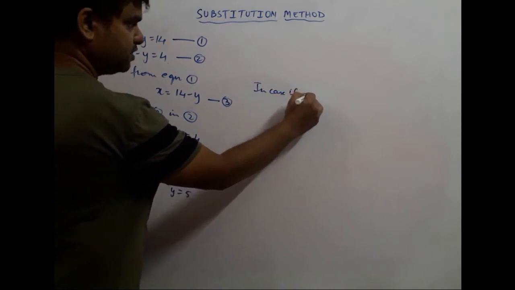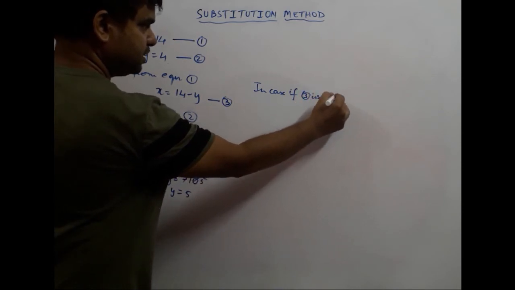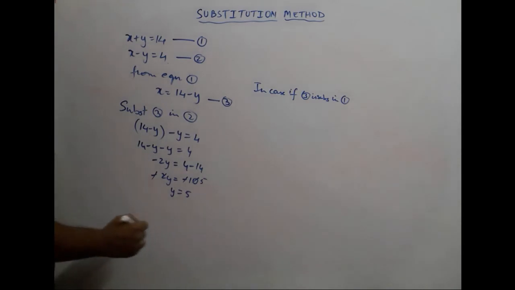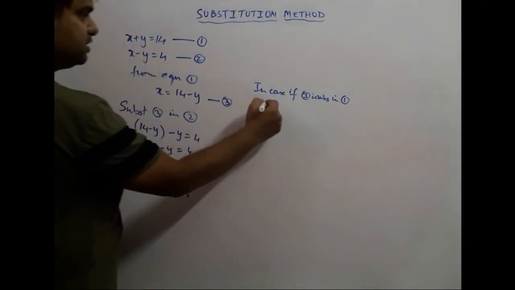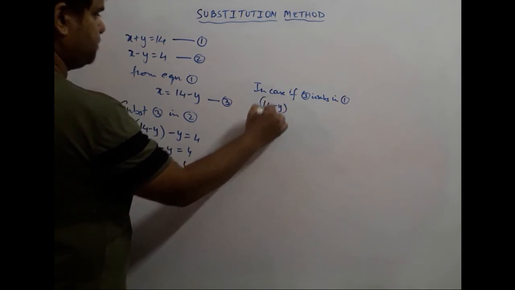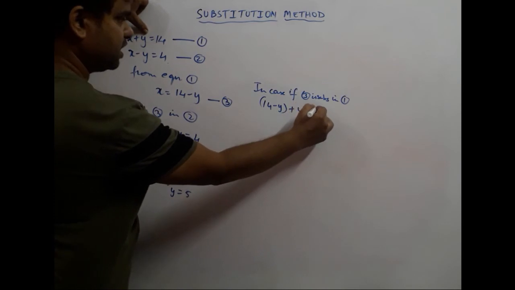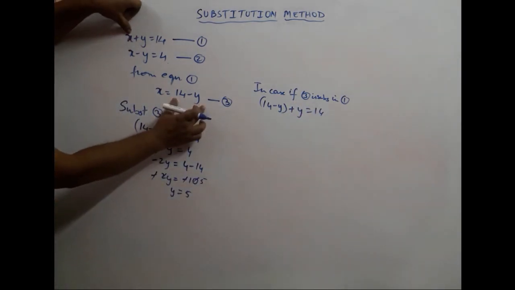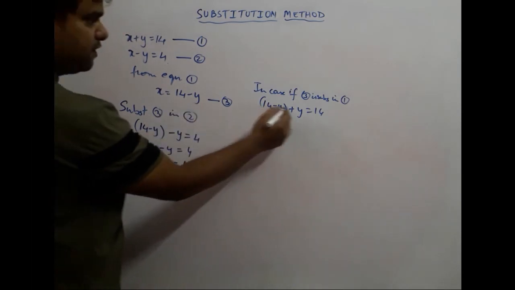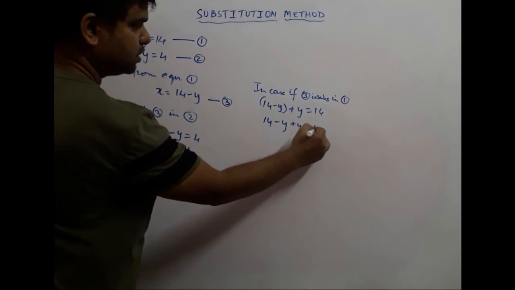If 3 is substituted in 1, instead of x we'll write 14 minus y, and plus y will remain, and 14 will come on the other side. So in place of x, I put this value of x. Now if I open the bracket, I get 14 minus y plus y equal to 14.